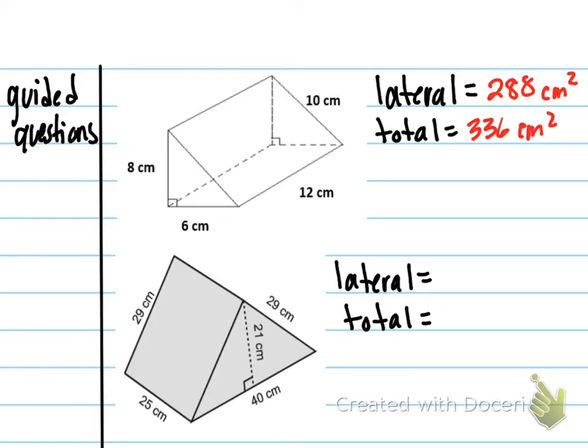For the last one, for the lateral, you should have gotten 2,450. And for the total, you should have gotten 3,250.